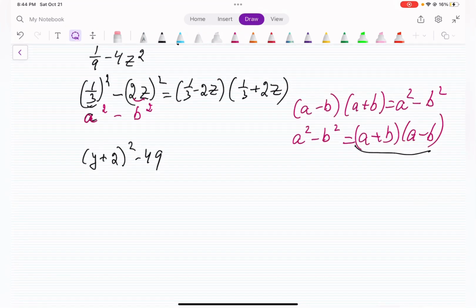I say my a squared is going to be y plus 2. It's going to be my a. And with this squared, it's going to be y squared. 49, it's going to be 7 squared. Right?